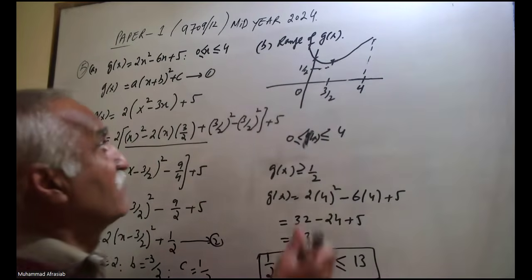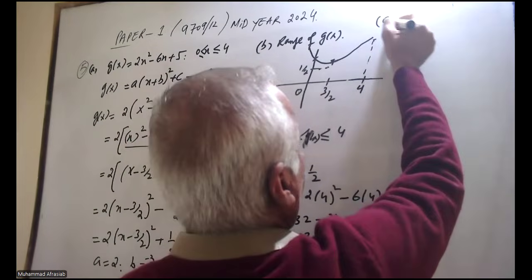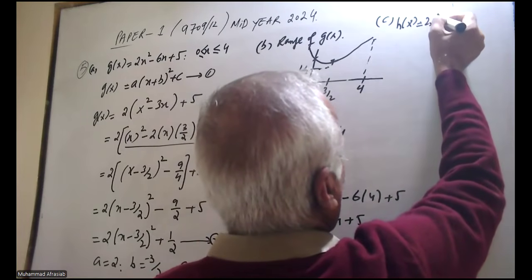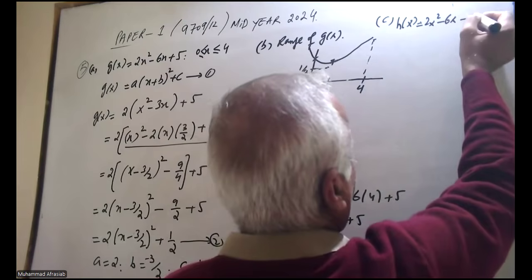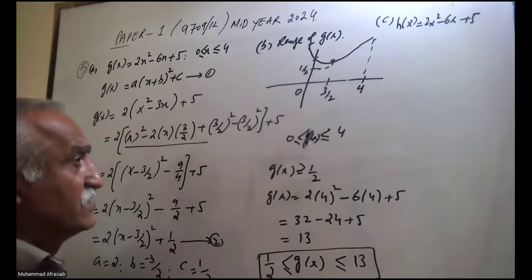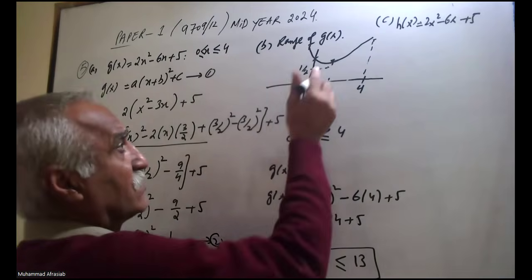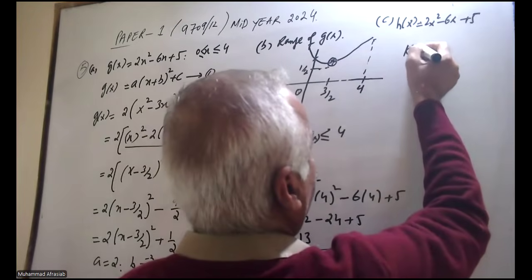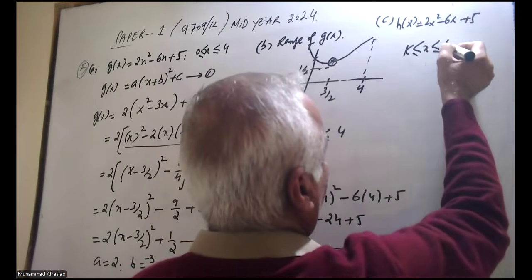And then the last part of this, h(x) is equal to 2x² − 6x + 5, and you have to show the smallest value of k. The smallest value is occurring at this turning point. So k is less than or equal to x less than or equal to 4.